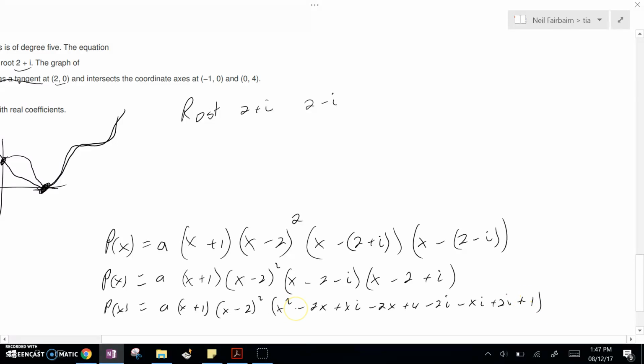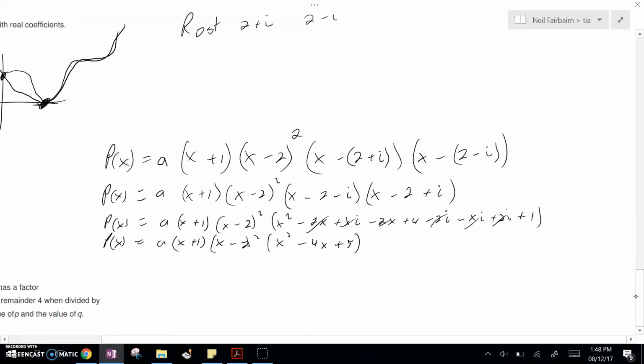Whew, that's a long one. Let's look at this. 2x, 4x. So we've got x squared minus 4x. So that's gone, that's gone. This and this cancel out. This and this cancel out. 4 plus 1 is 5.